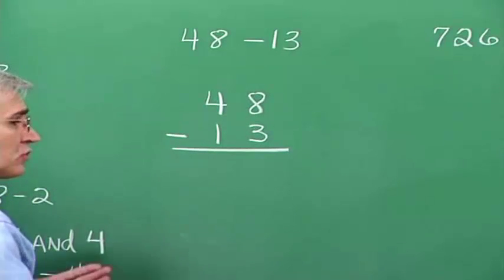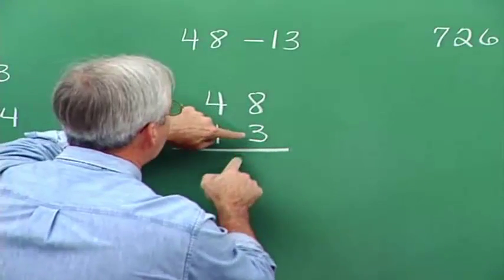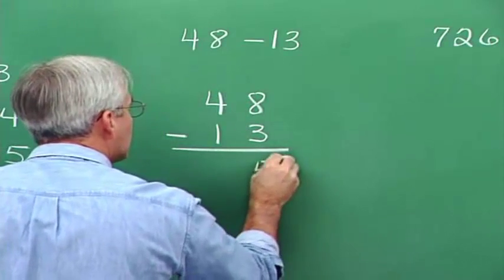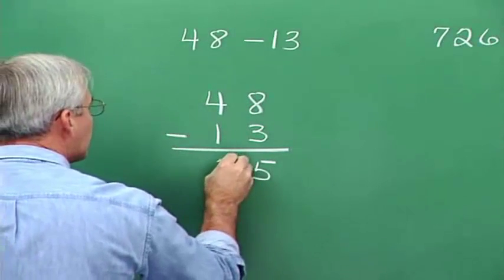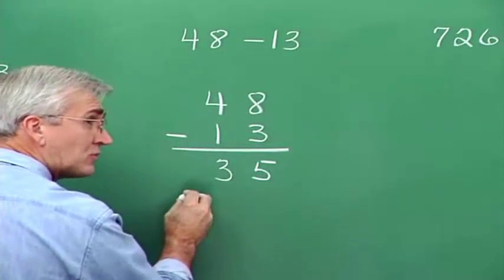And now we just subtract digits of corresponding value. Take 3 from 8, we get 5. Take 1 from 4, we get 3. Our answer is 35. If we want to check it, and we certainly do.